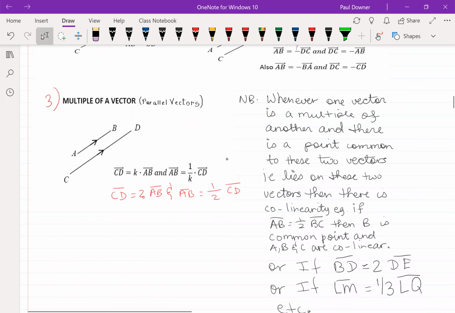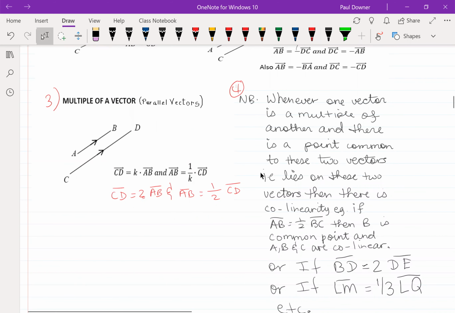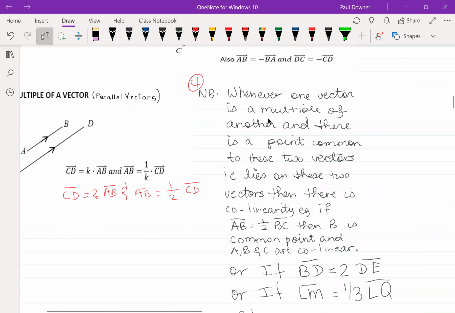A fourth property, which you have learned about before in your handouts, which I'm going to remind you about, is this one, which is important. It says that whenever one vector is a multiple of another, and there is a point common to these two vectors, that is, lies on these two vectors, then there is collinearity. What does collinearity mean? It means that 3 points lie on the same line.